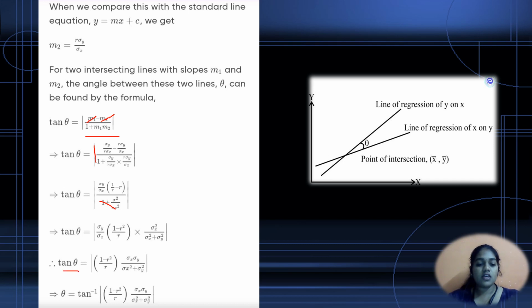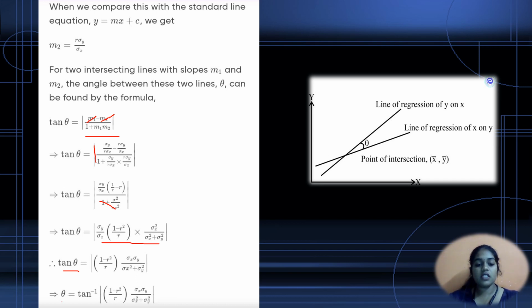Tan theta is equal to mod of 1 minus r square divided by r into, calculating both of these, we get sigma x into sigma y divided by sigma x square plus sigma y square.